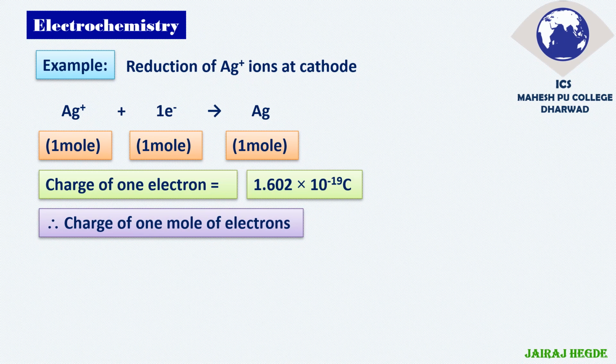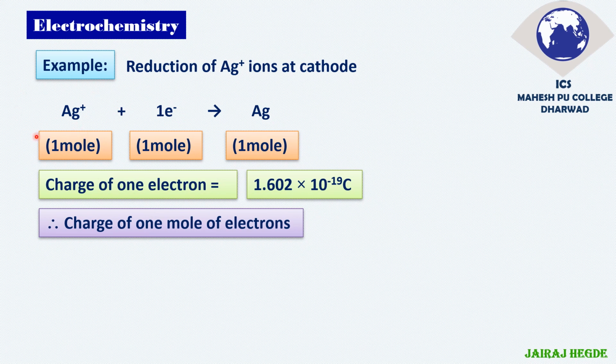If I have taken 1 ion of silver, I need 1 electron. That means 1.602 into 10 power minus 19 coulomb of electricity is required to reduce 1 ion of silver.